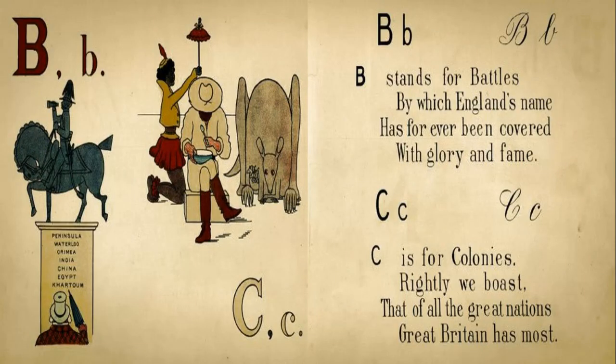So you have things like B stands for battles, by which England's name has forever been covered with glory and fame. C is for colonies, rightly we boast that of all the great nations, Great Britain has most. So within the very wording of this, phonics books designed to indoctrinate children at a very young age, you see the strong backdrop that nationalism has on Western European society in the 18th and 19th century.